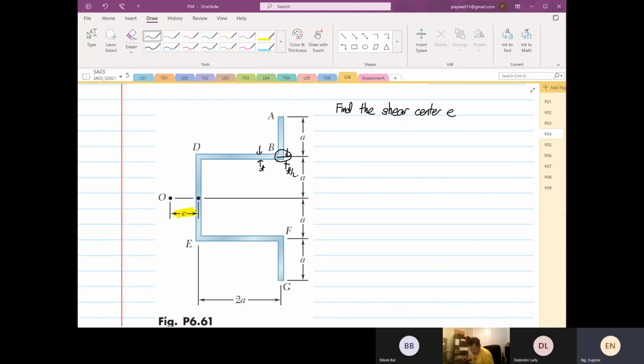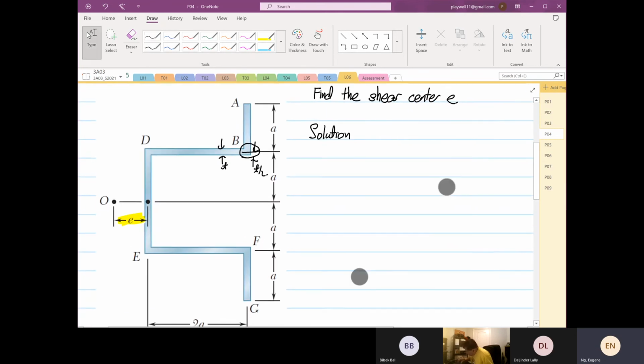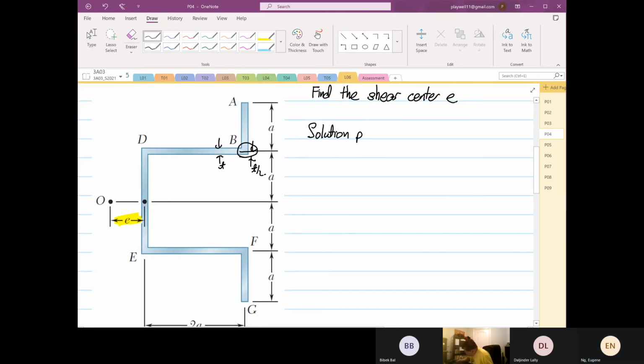find the shear center. Okay, so let me look at the solution procedure first. Okay, let's look at the solution procedure. Okay, so solution procedure. Okay, so we have to find what is our forces, right?